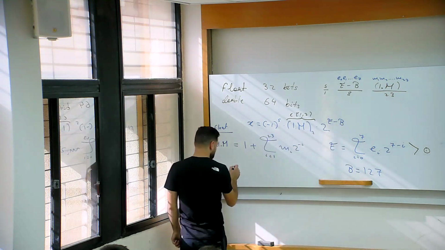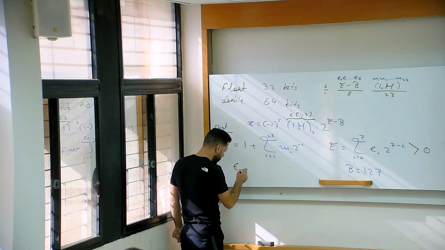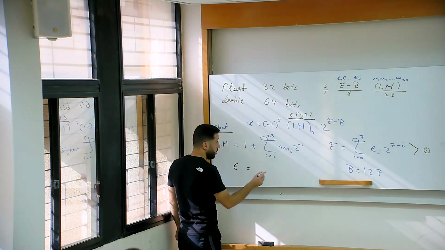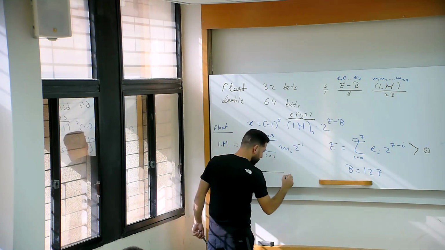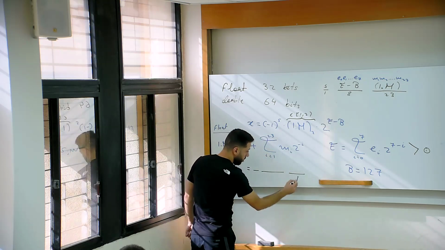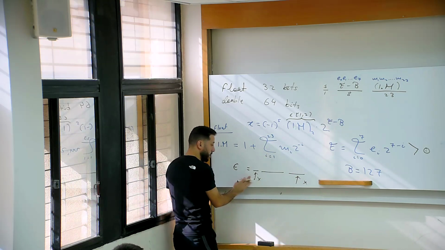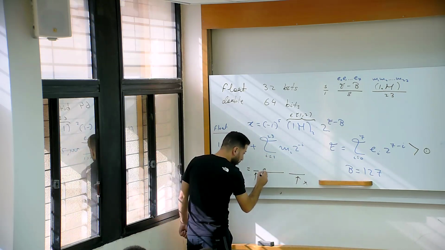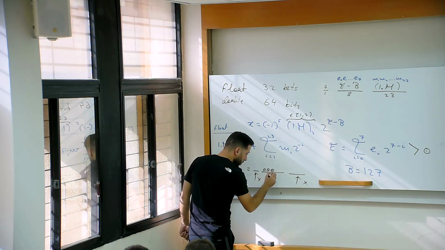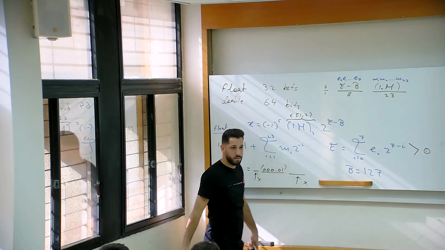Exactly. So the error in storing a float is the same. This has no error. We assume that we know the sign, we know the order of magnitude, and the error will be only in the last digit.